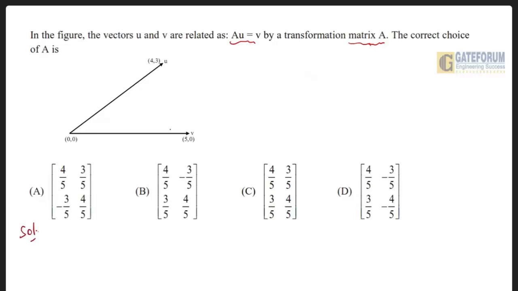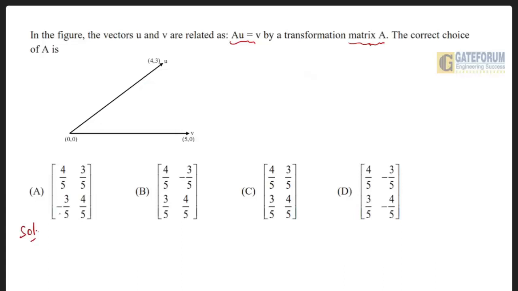joining the origin to V, that is the vector V bar. I can write 5i plus 0 into j because it is two-dimensional, and this U vector is 4i plus 3j.